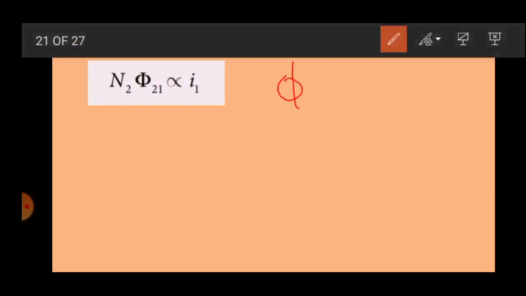The magnetic flux phi 21 linked with coil 2 due to coil 1 is directly proportional to I1 in coil 1.